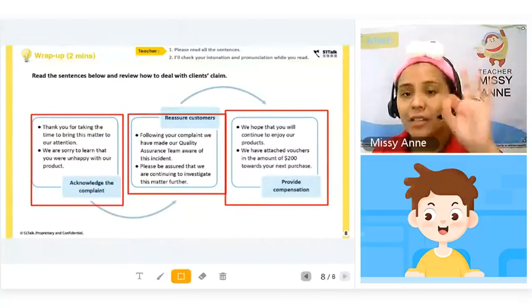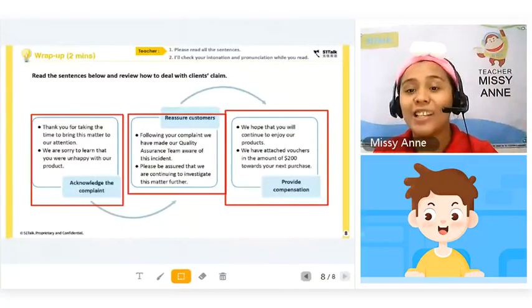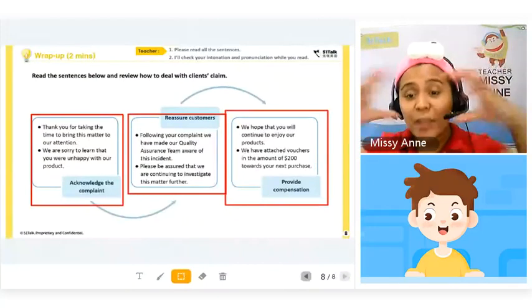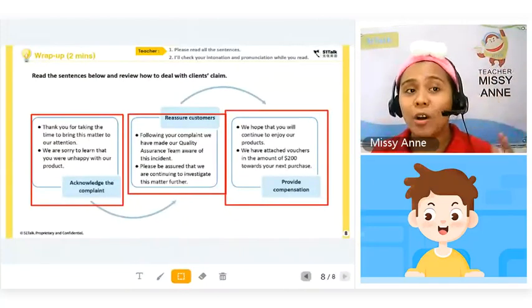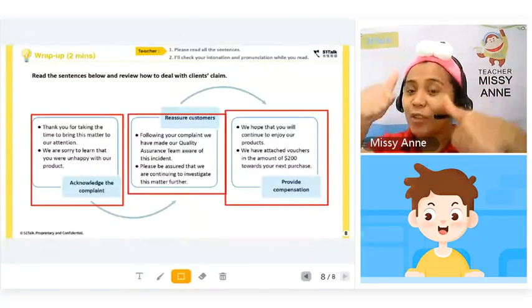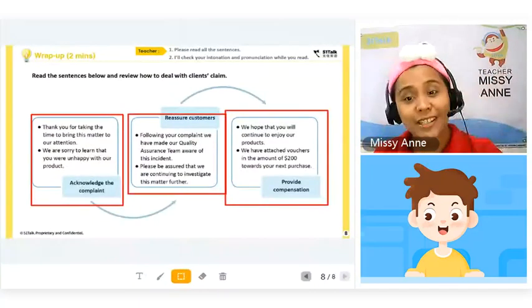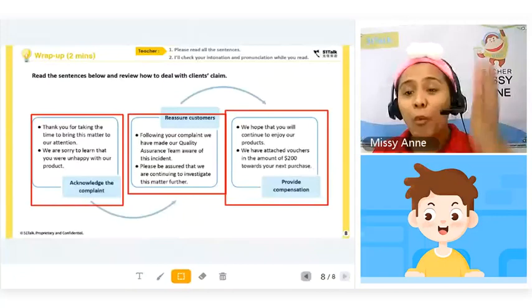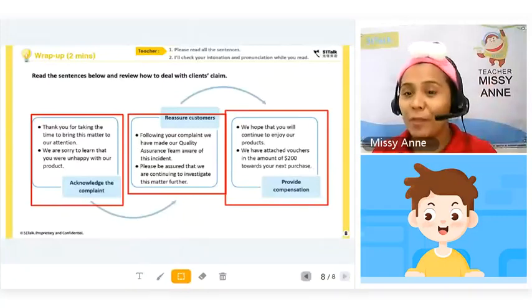So that is very good. You performed well in this lesson. And you also were able to understand how to deal with compensation complaints for customers. Very good, Fiona. Well done today. I am impressed with the way you deal with customers.